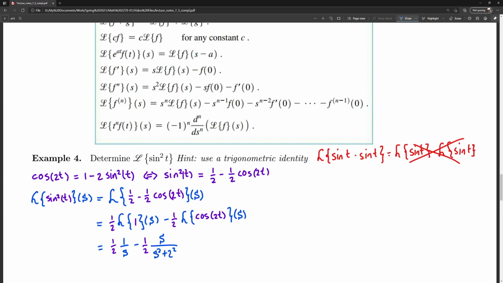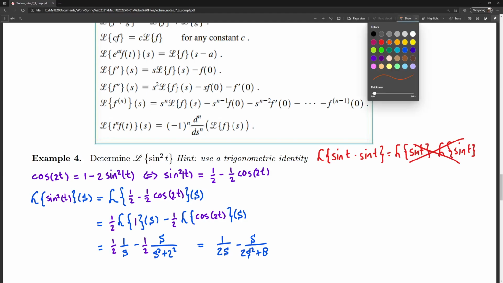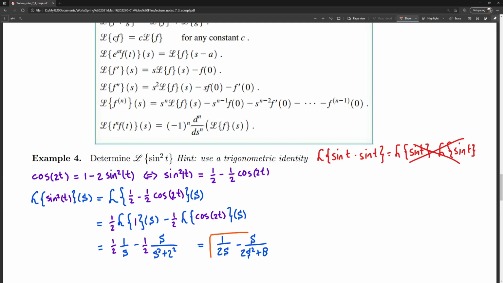And so when we combine all of that, we get 1 over 2s minus s over 2 times s squared plus 4. And that is our Laplace transform of sine squared of t.